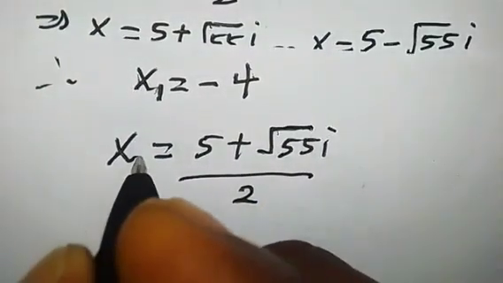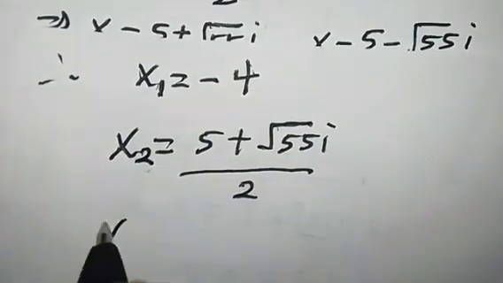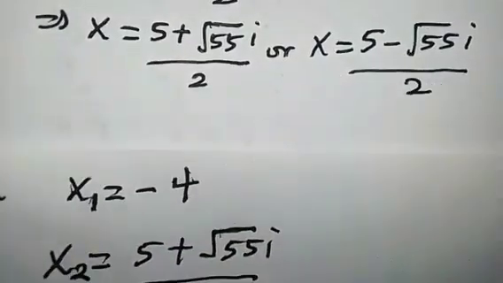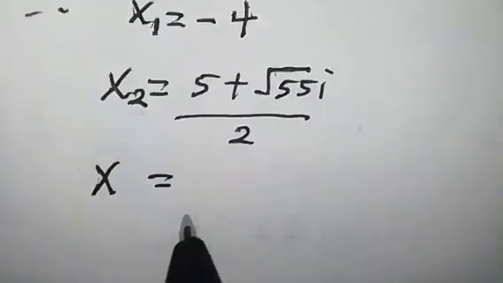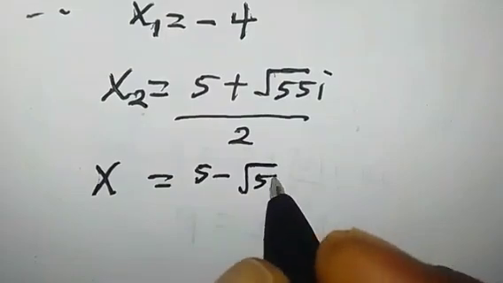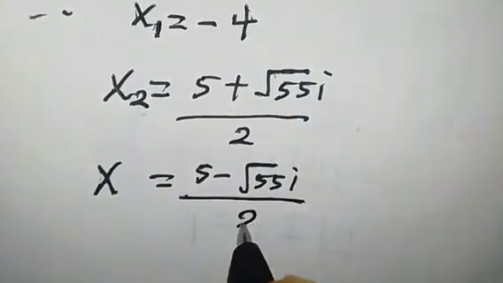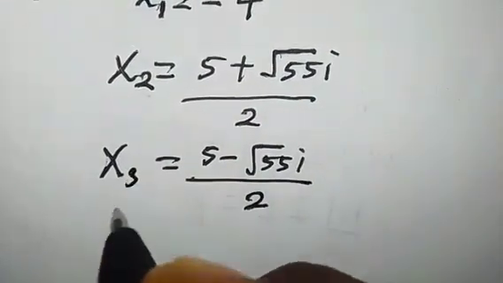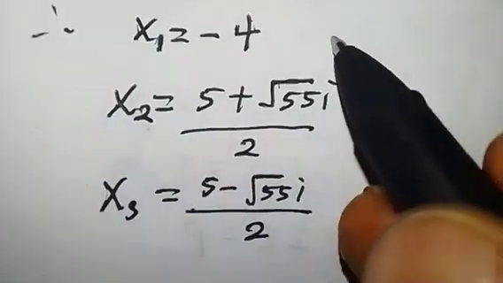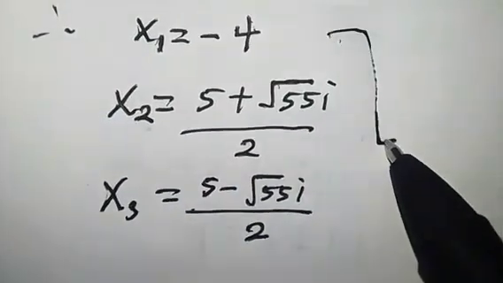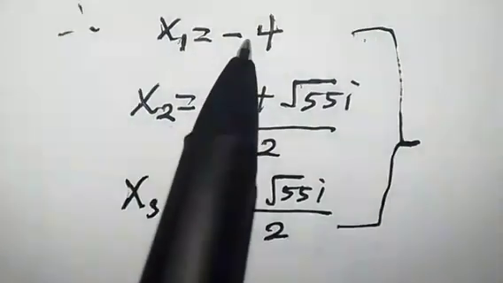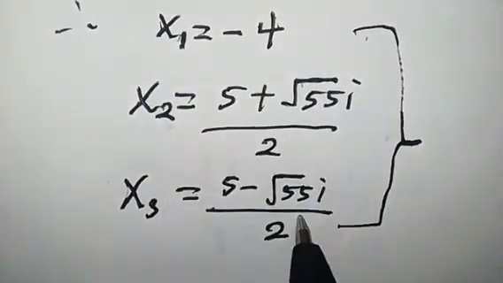This is the second solution. Let's call it x2. And last but not least, x equals the third solution, that is 5 minus square root of 55 i divided by 2. Let's call it x3. You will see that we have 3 distinct solutions for this math Olympiad question, 1 real solution and 2 complex solutions.